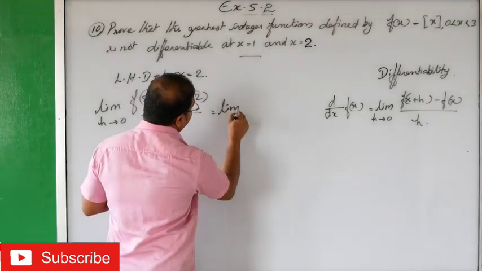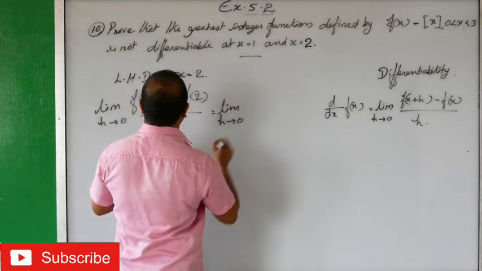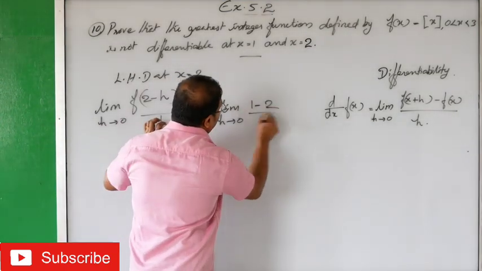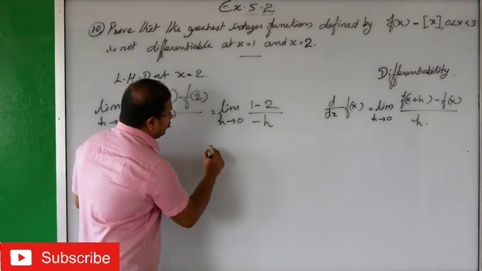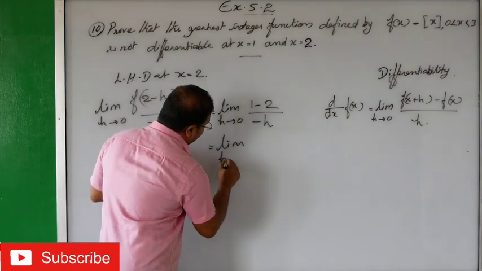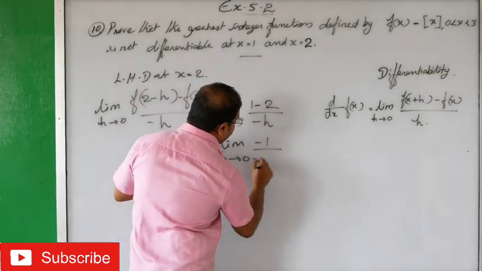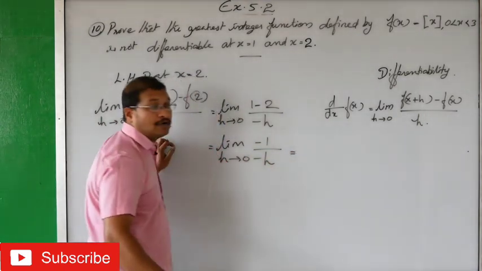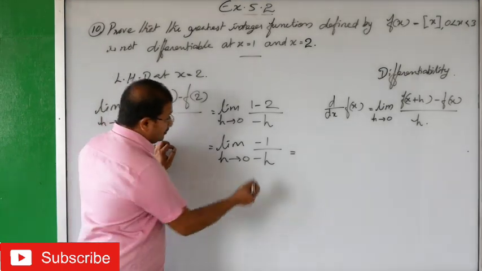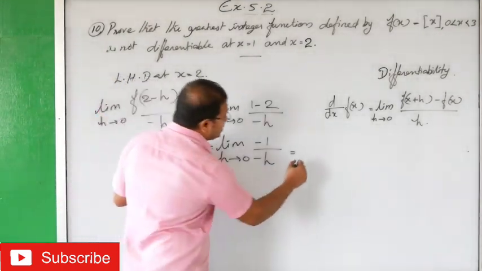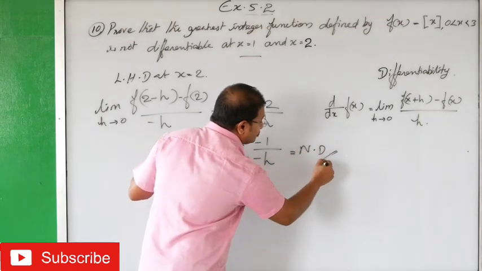What you will get here? 1 minus 2 divided by minus h equals limit h tends to 0, we will be getting minus 1 by minus h. H tends to 0 means minus 1 by 0, that means not defined.